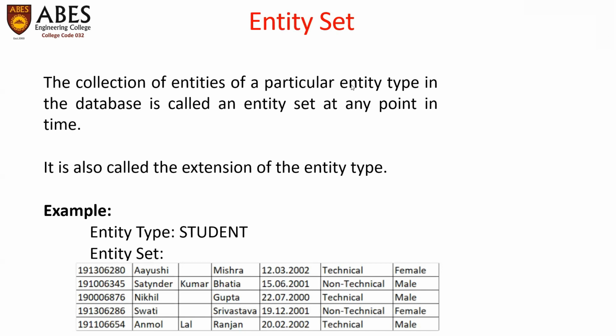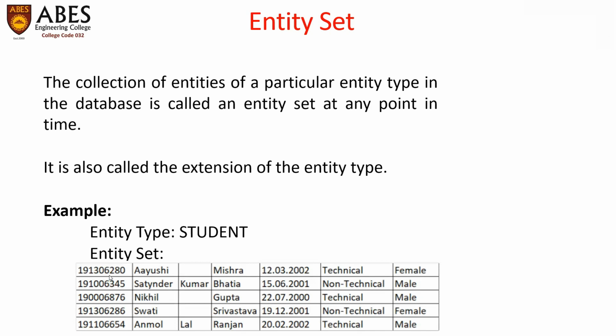Next is entity set. At any given point of time, all the entities that belong to that entity type are known as the entity set. In the example over here, we have the roll number, name, the first name, middle name, last name, then the DOB, then maybe the branch, technical or non-technical, and gender.